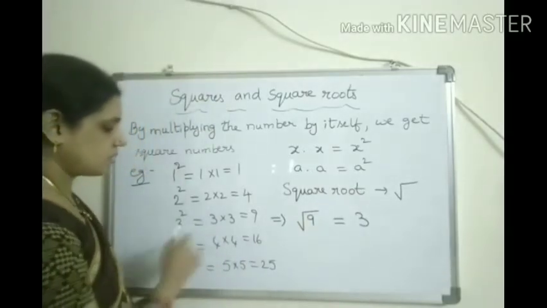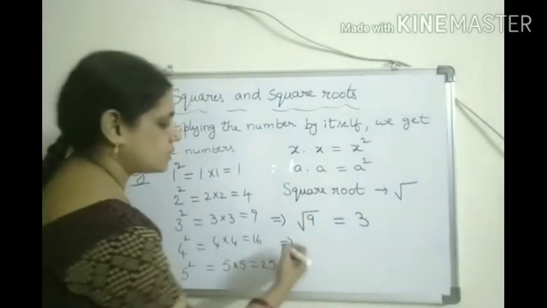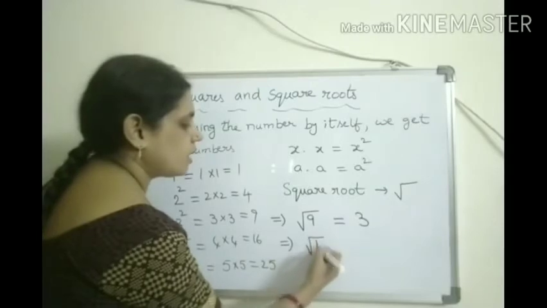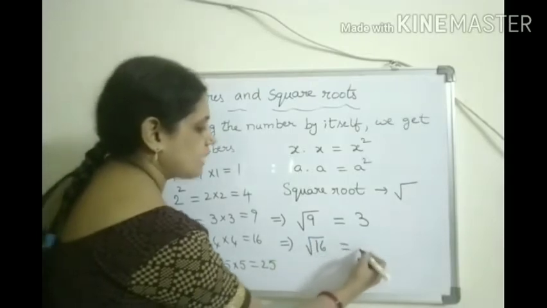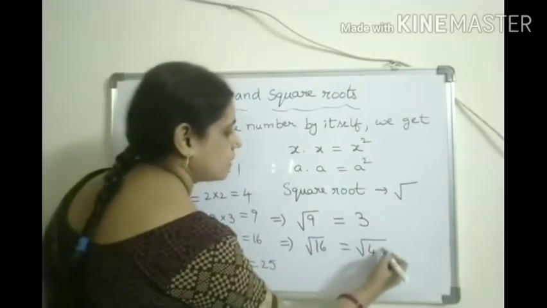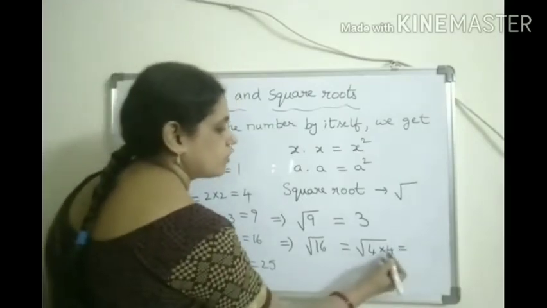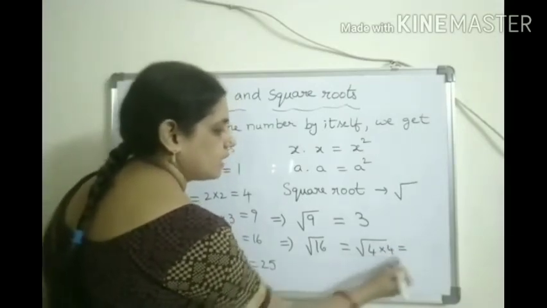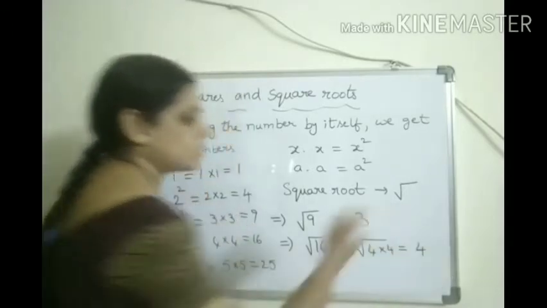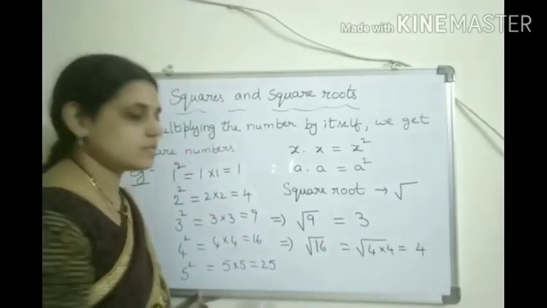Here also 4 square equal to 16. So square root of 16, in this way we can write square root of 4 into 4. 16 is 4 into 4. So from two equal factors, one factor we have to write whenever you are finding the square root.